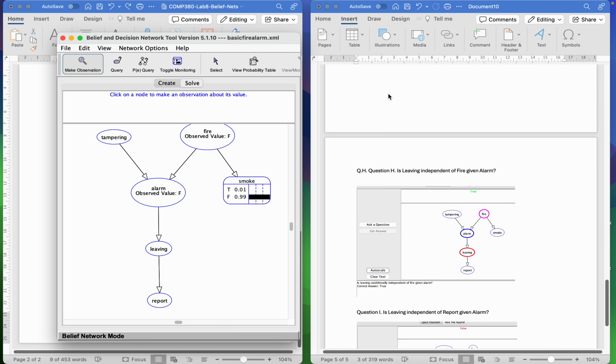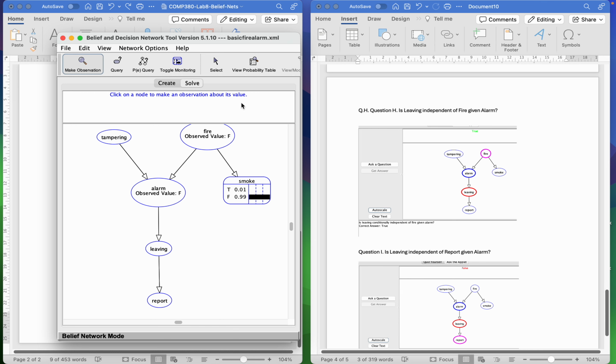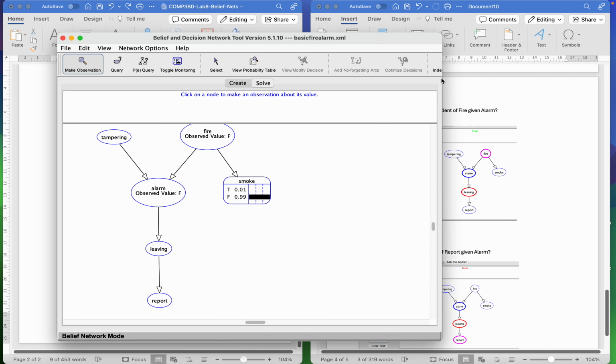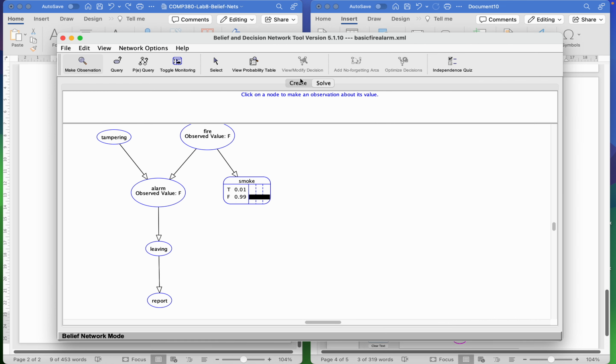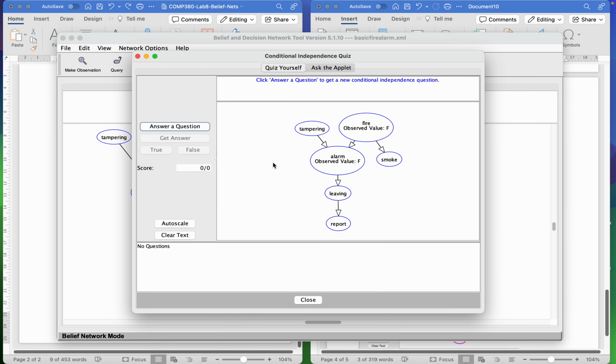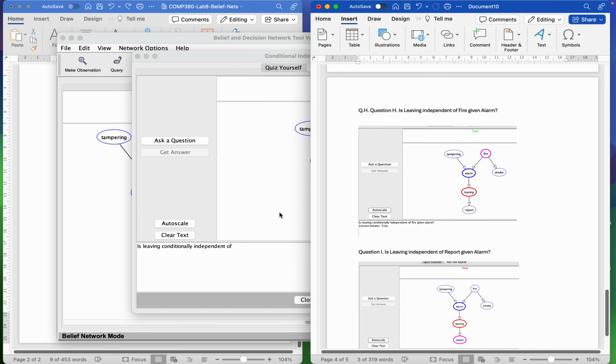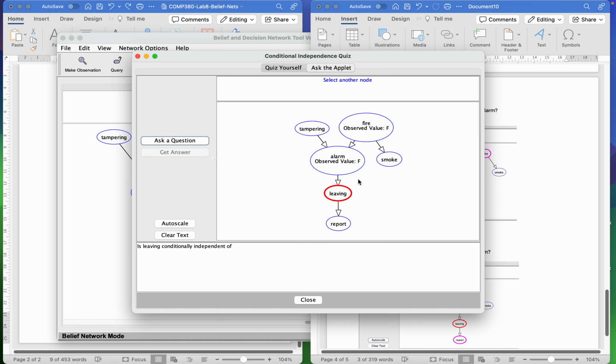Then we have questions about the independence of various conditions. Let's check it. We have the condition: is leaving independent of fire given alarm?